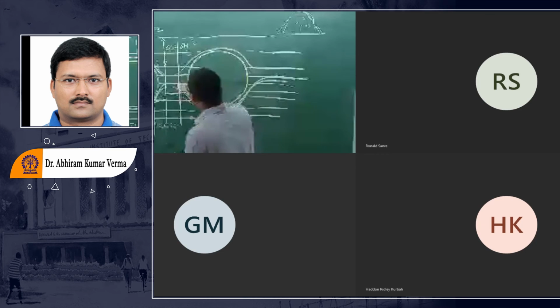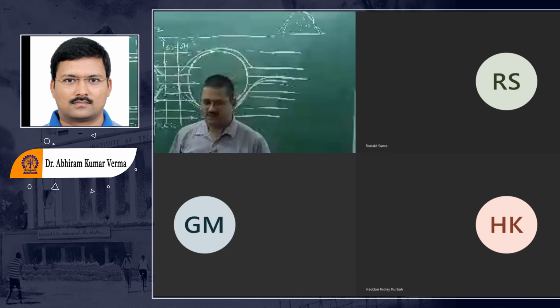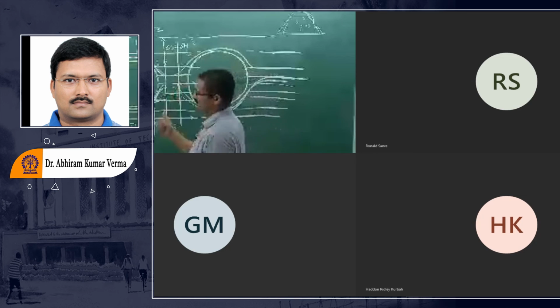You will find that when two tunnels are side by side, the stresses around that opening are going to be affected. Earlier the stress field was going to increase, but now once the second tunnel comes side by side, this area is getting devoid of stresses.